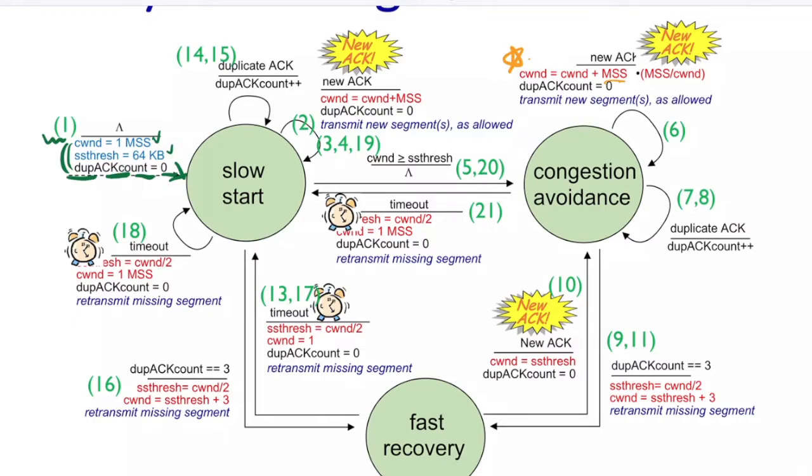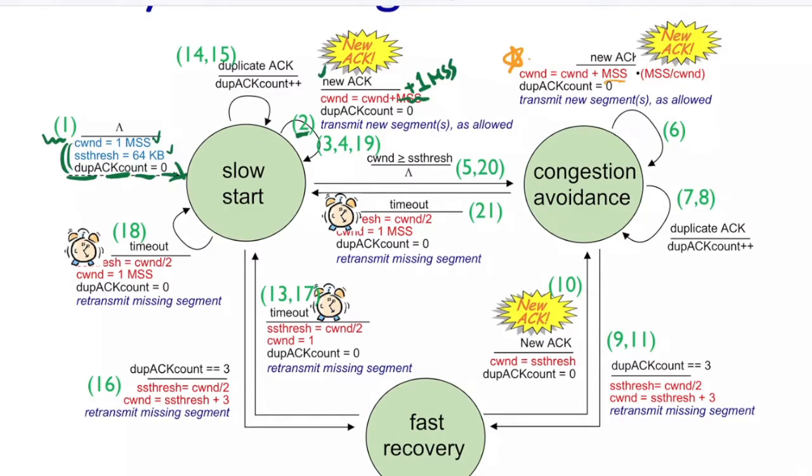Step number 2 is right here. In the slow start state, if a new ACK is received by the sender, and as we mentioned before, every time you receive a new ACK, your congestion window increases by one maximum segment size, right? So we simply do so.